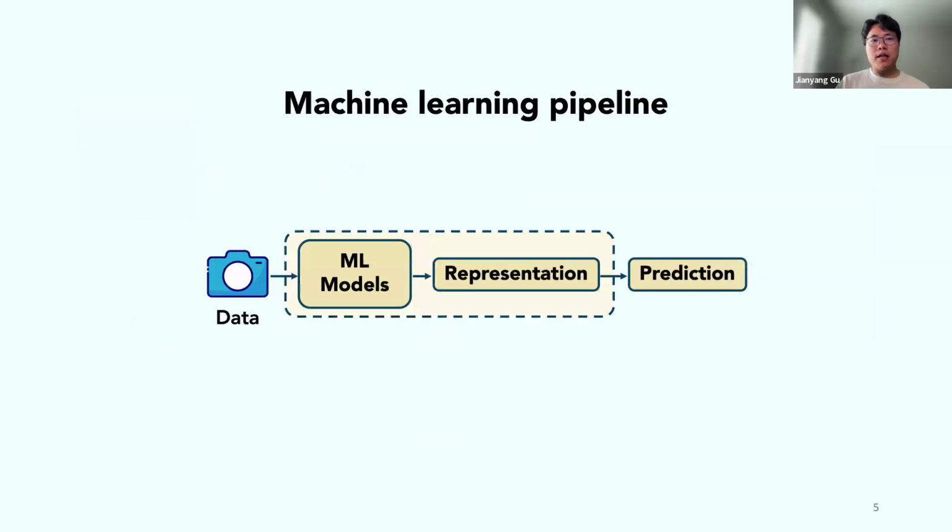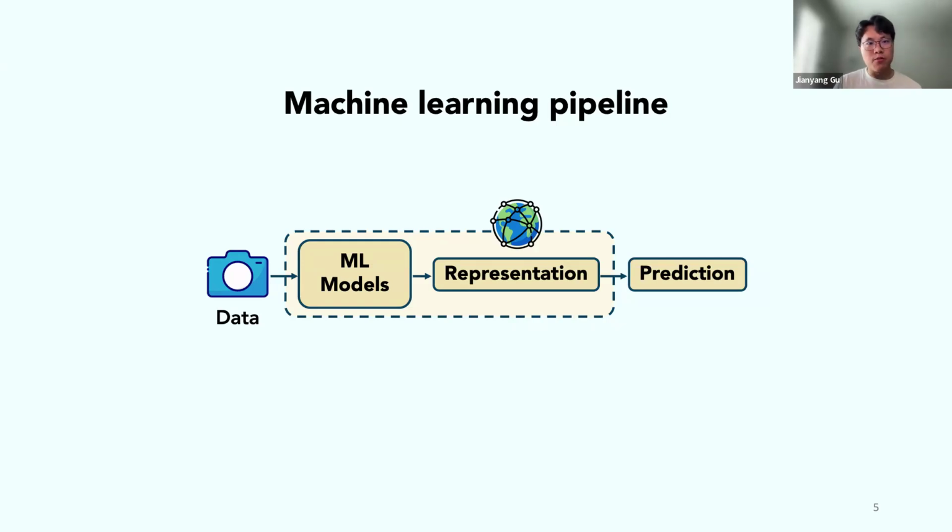And if we look back at this pipeline, where data is passed through machine learning models to generate representation and prediction, beyond benchmarks, if we want to advance scientific discovery for biodiversity, the first requirement is to get a very comprehensive understanding of global biodiversity. So if we have this target, then what would be the problem when we work toward it?